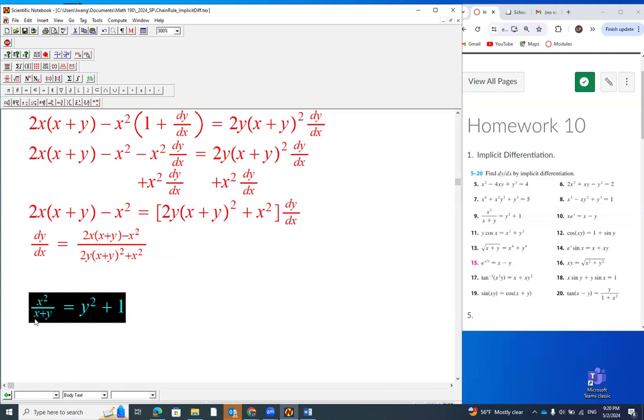Because x squared over x plus y, right? On this piece, you have x squared. So you might want to try something on the side.